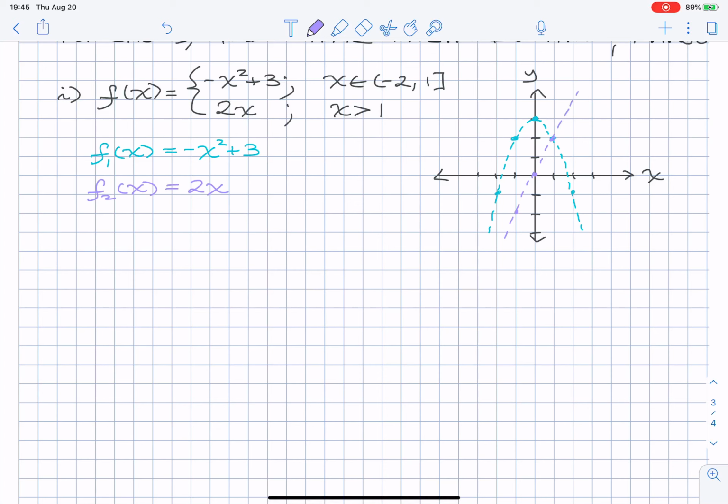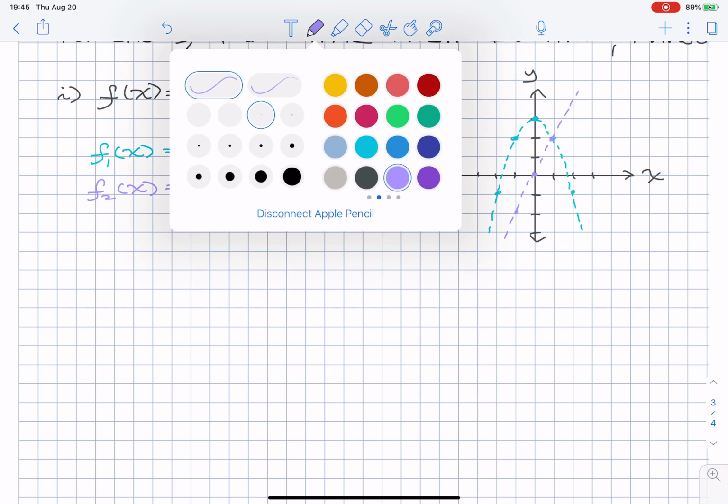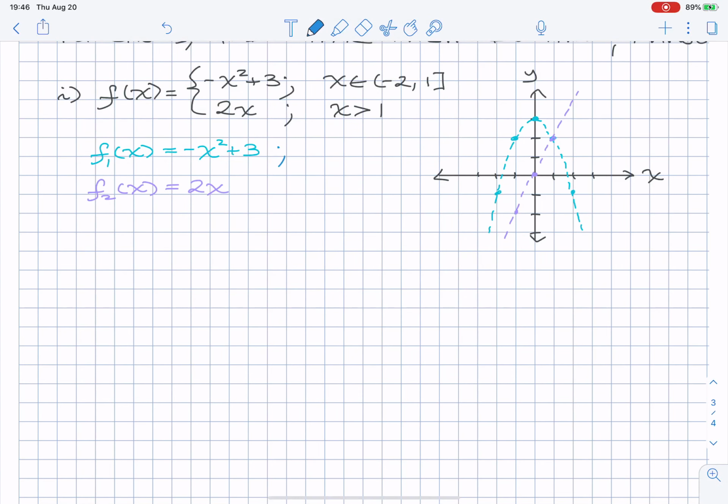So now what I'd like to do is look at the domain for each. For the first graph, x was between negative 2 and 1. So between negative 2 open and positive 1 closed, I can draw the graph, because that's the domain, meaning the values of x that I can plug in.